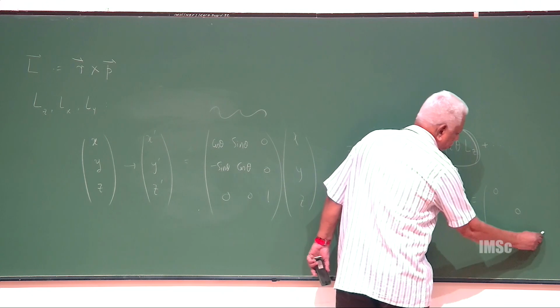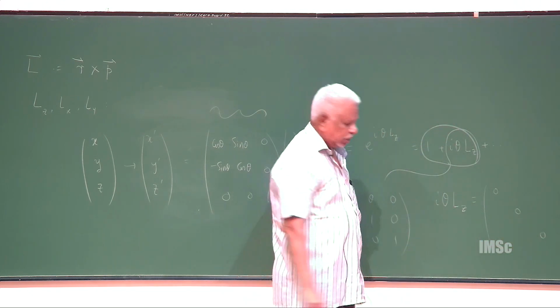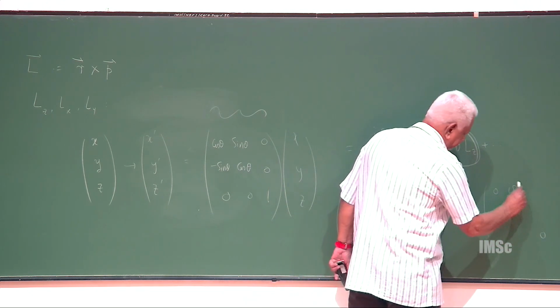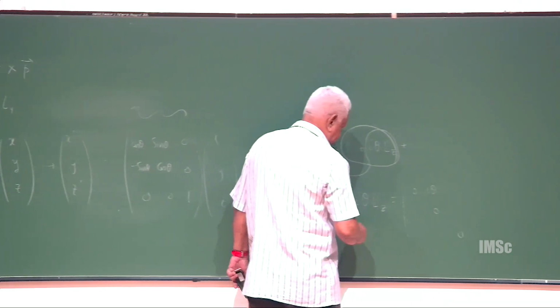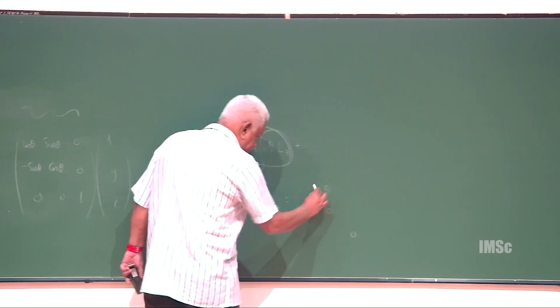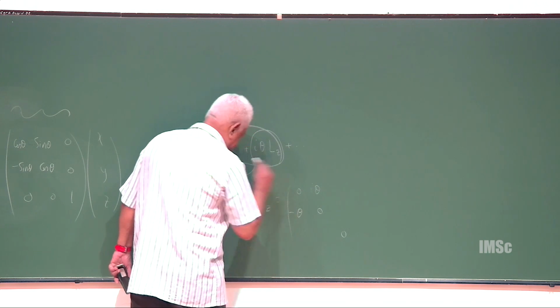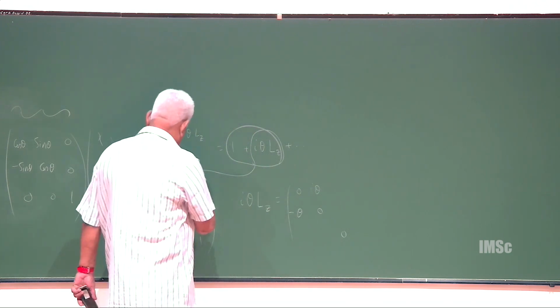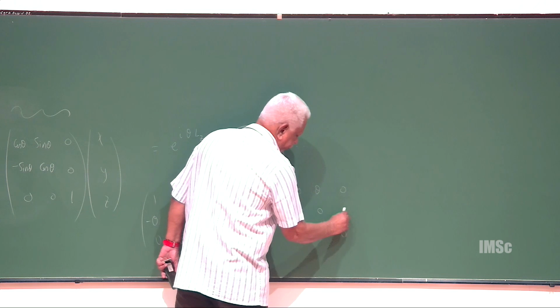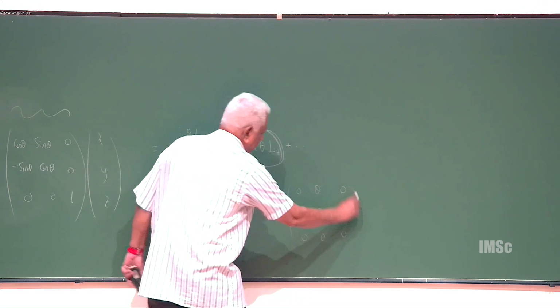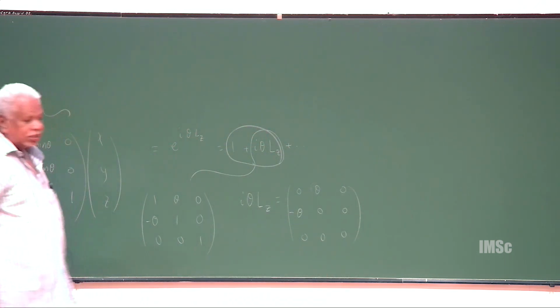So i theta Lz is 0, 0, 0, because the 1 will cancel out. Then you will have theta, minus theta, and so on. So this is that matrix.